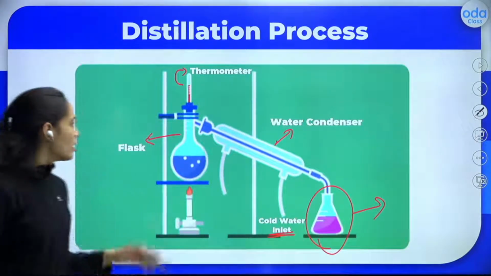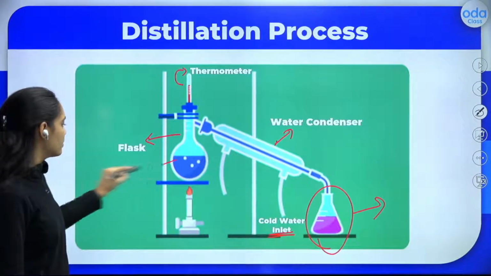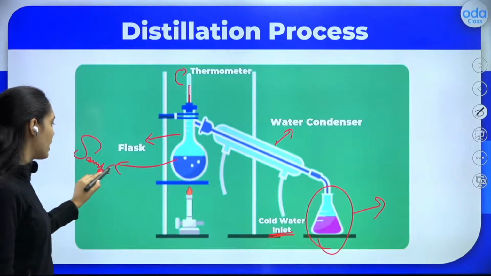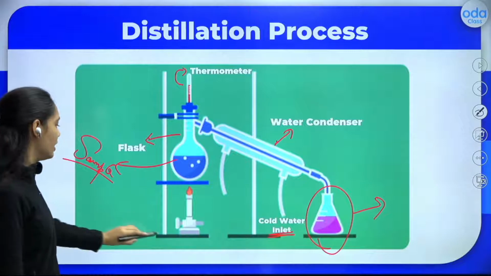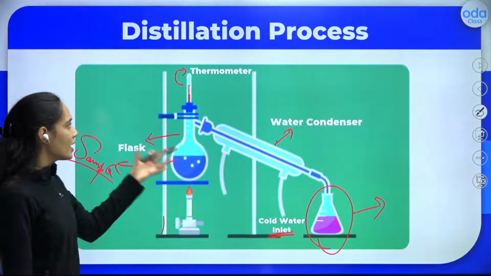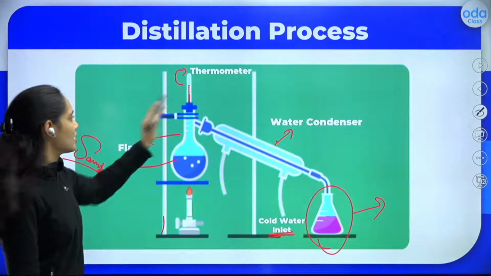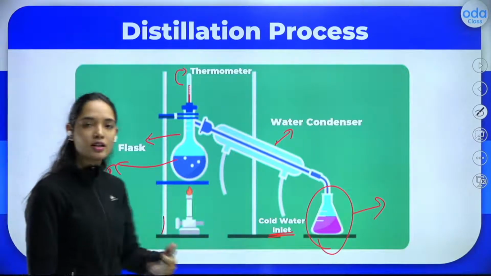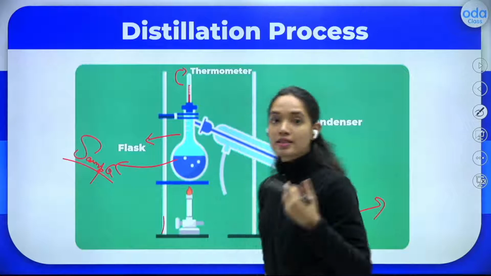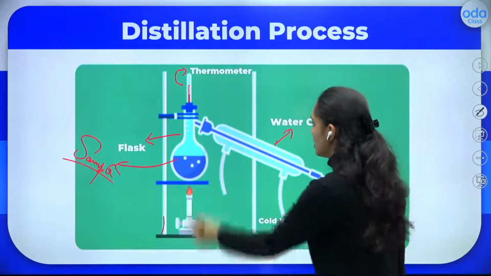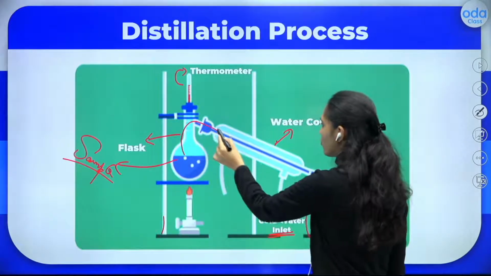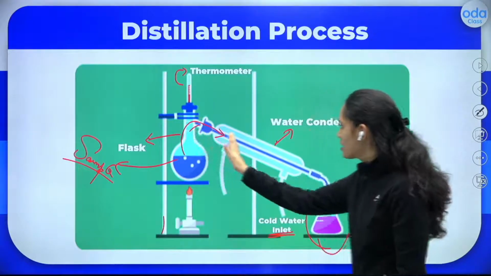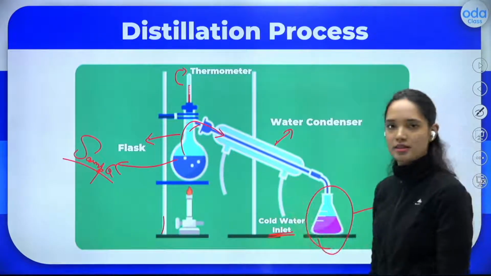So students, the steps are very easy now. First, we take the sample here in the flask. This is our sample. We take the sample and we heat it. Once the liquid starts heating, there is a rise in temperature. Now this liquid turns into gaseous state. It starts forming water vapor that is passed on to this water condenser. These vapors are now passed to the water condenser.